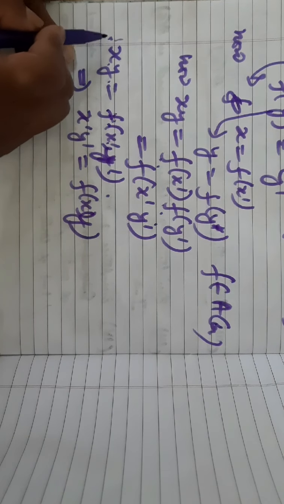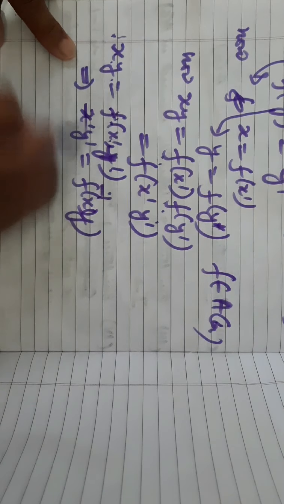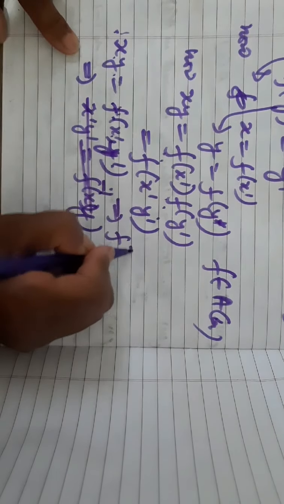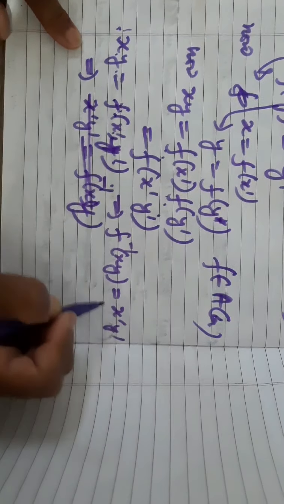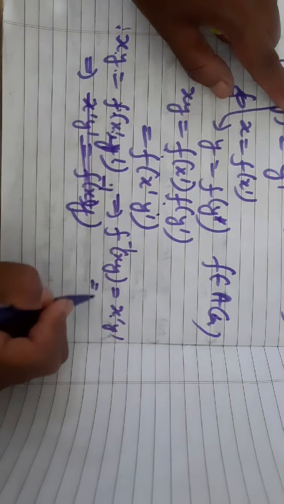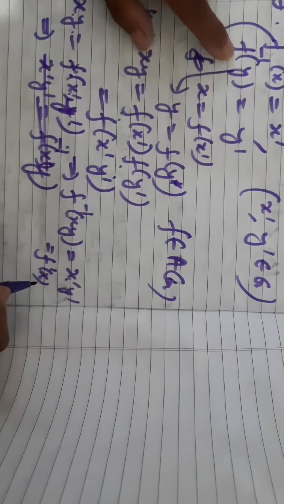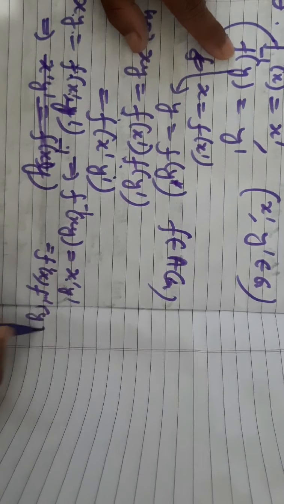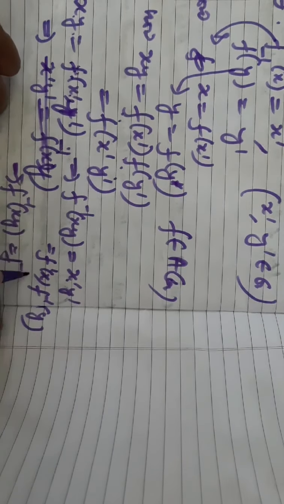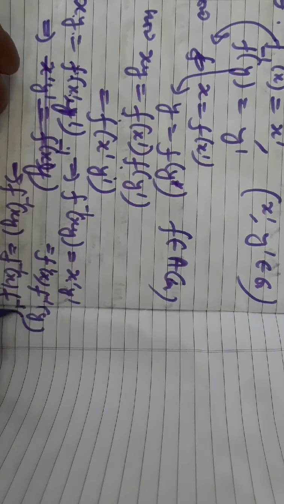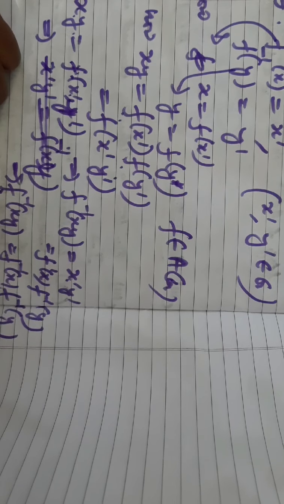So therefore you get f inverse of xy equal to x prime y prime. But what is x prime? It is f inverse of x. And what is y prime? It is f inverse of y. So which means that f inverse of xy is the same as f inverse of x into f inverse of y. This shows that f inverse is a homomorphism.